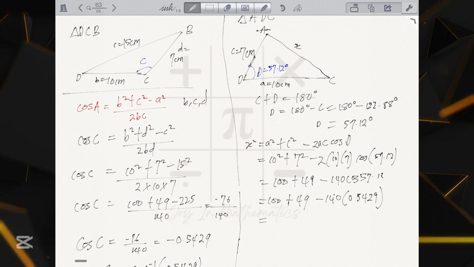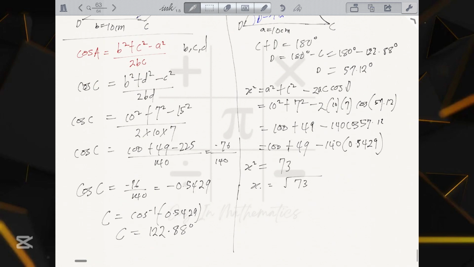And therefore, let's simplify using our calculator, x squared is equal to 73. So we'll have our x to be equal to root 73, and root 73 using our calculator will be equal to 8.544 centimeters.